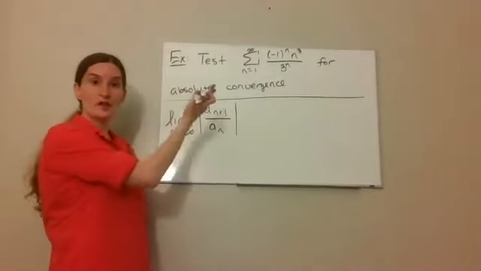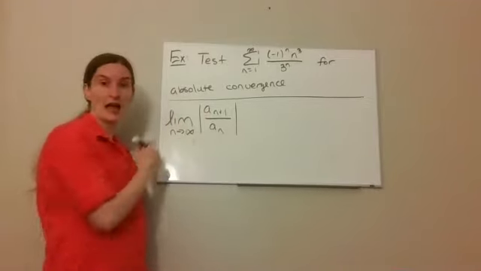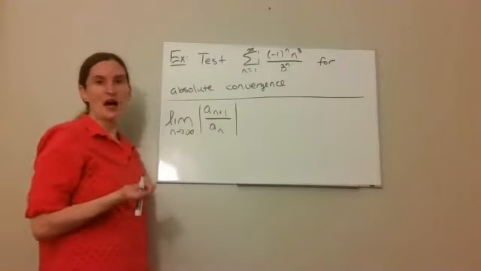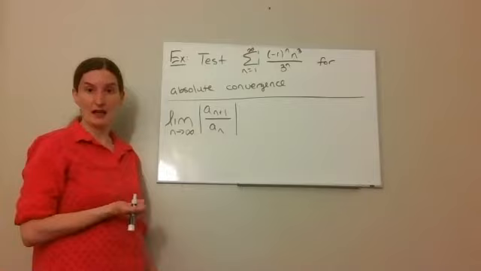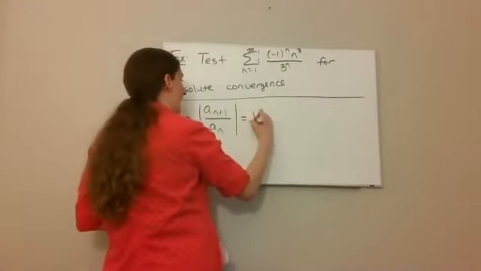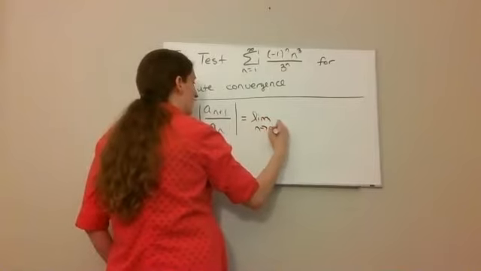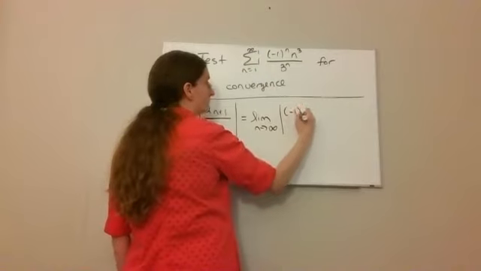Now notice the terms in my series have a fraction. So when I'm dividing a_(n+1) by a_n, I'm going to rewrite it as multiplying by the reciprocal of a_n, just to make my work look a little nicer. So I have a limit as n approaches infinity of the absolute value.